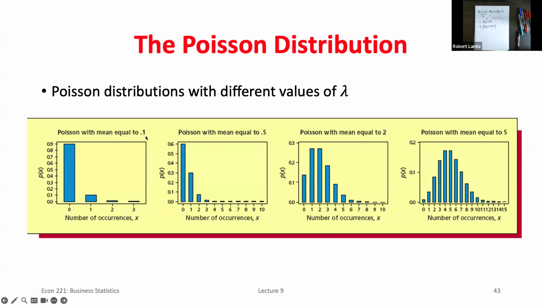Then as I move to higher numbers of successes, the probability declines. Same idea here: with a mean equal to 2, 2 is the most likely outcome, and it declines in either direction. With a mean equal to 5, 5 is the most likely outcome, decreasing in either direction.